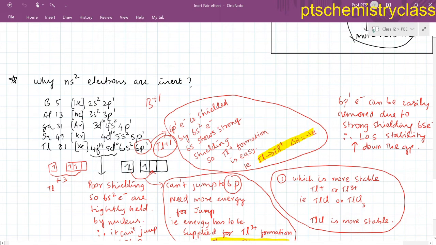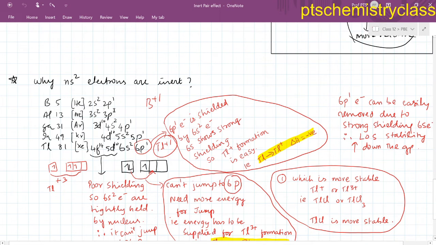Now, in boron, LOS is nothing but the number of electrons in the p orbital of the valence shell. HOS is nothing but the total of s and p electrons present in the valence shell. So LOS for boron is +1, HOS for boron is +3.